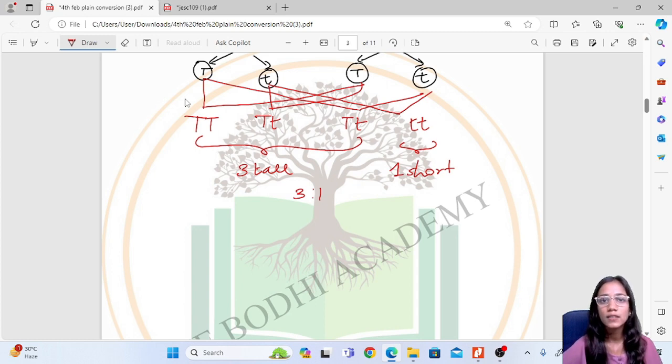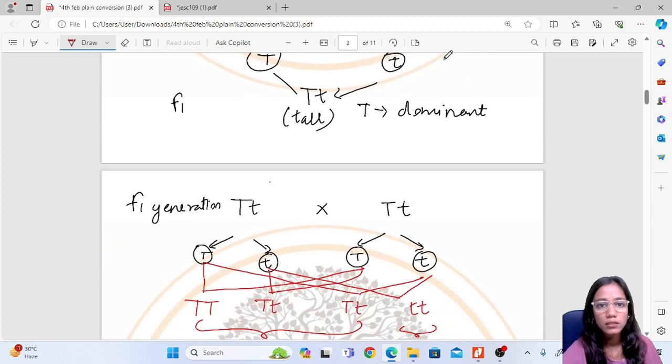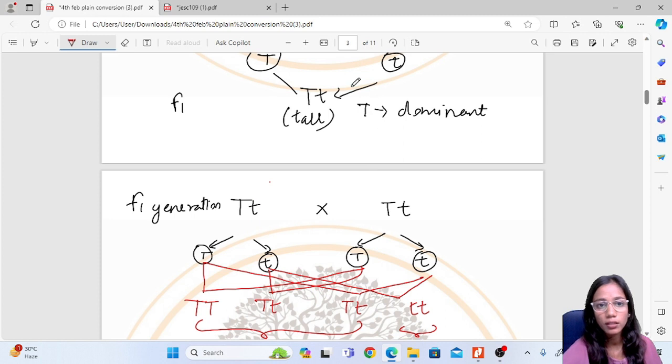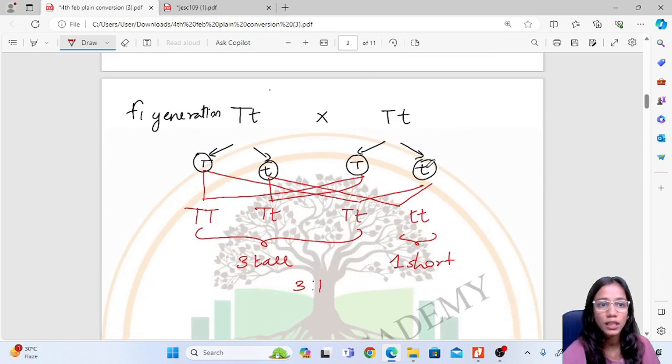Now, what does this tell us? Mendel concluded from this that the gene for the short plant character, which was not expressed, which was under expressed over here, was expressed in this F2 generation. This was called the F2 generation.